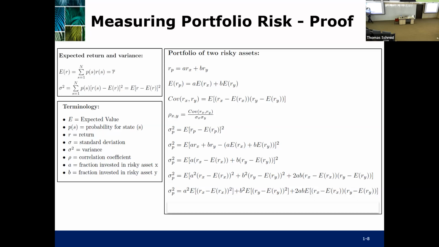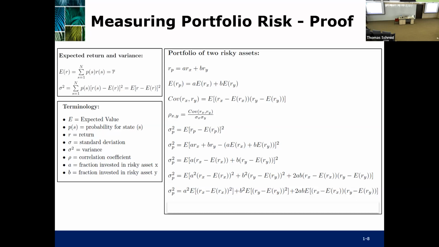A and B are the shares of our wealth that we invest in X and Y. This is the same across all states, predetermined today. The expectation of A is A. That's why we can put the A and the B in front of the expectation.